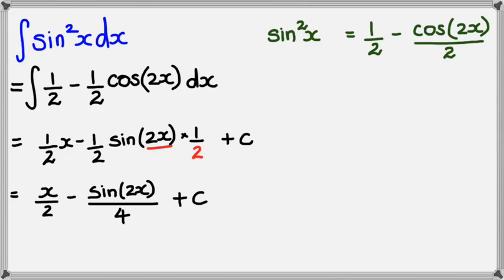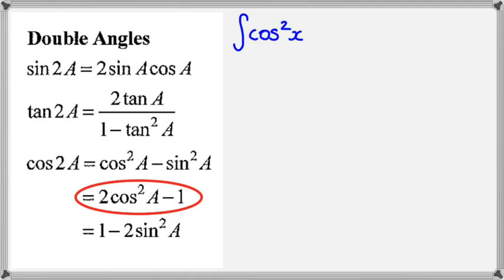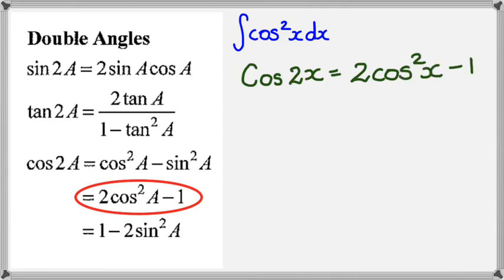I'm going to do the integral of cos squared x in the next slide. So once again, to do the integral of cos squared x, I'm going to need the double angle formula. I'm going to look for cos squared a or cos squared x in one of these, and as you can see, it is right here. So to find the integral of cos squared x dx, I need to use the double angle first. So cos 2x would equal 2 cos squared x minus 1.